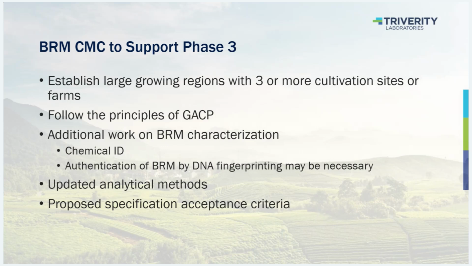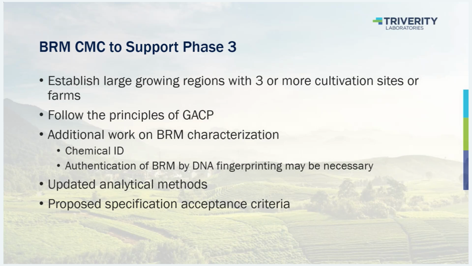So chemical ID, and then potentially some authentication of the BRM by DNA fingerprinting. And that really is, if you have tight controls into what cultivar or what species you're using, you might need to provide additional information. And then any updated analytical methods and your proposed specification acceptance criteria.